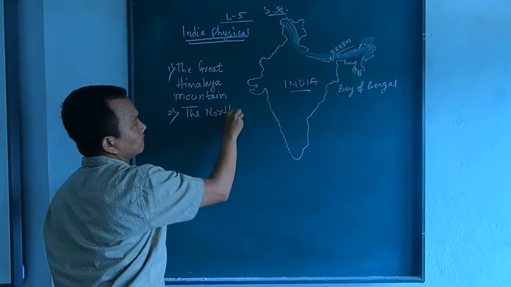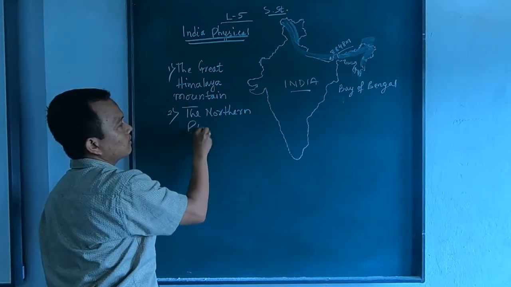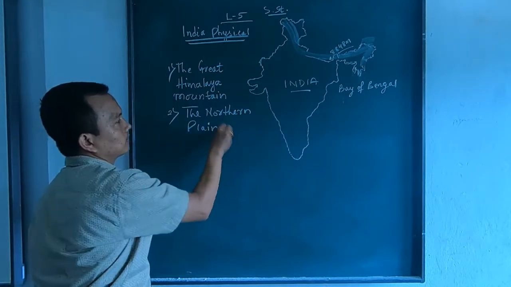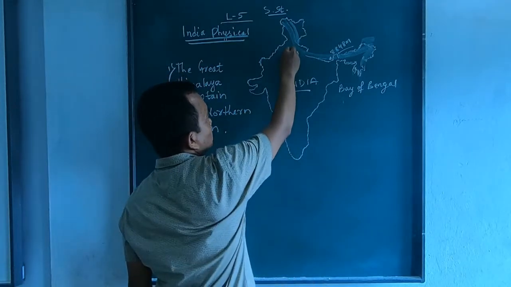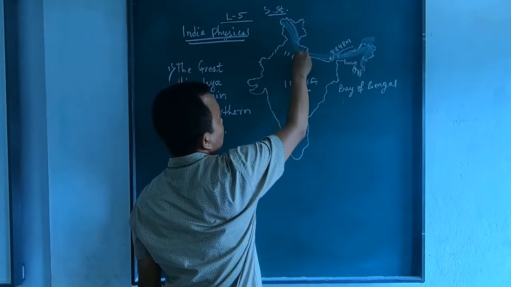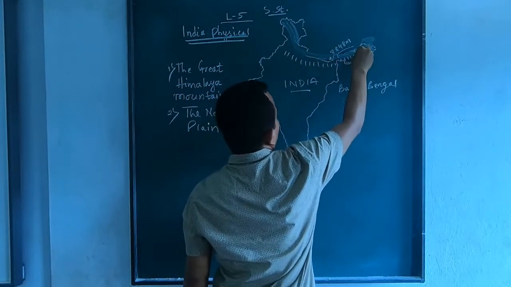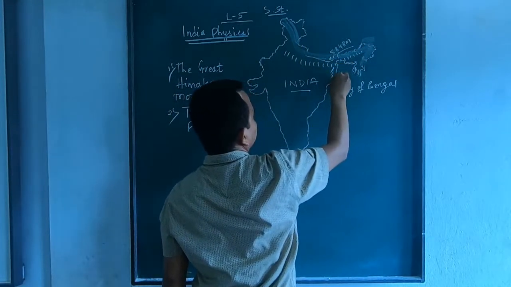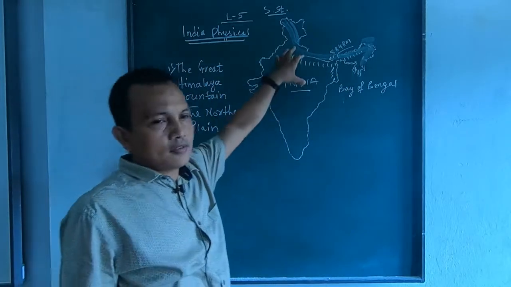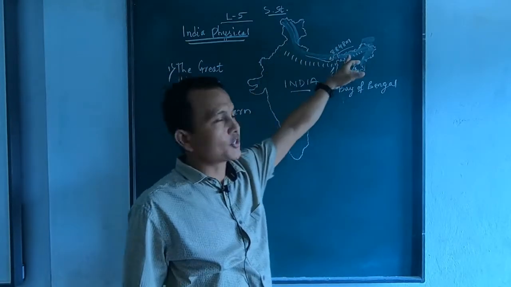Okay, fine. Now let us come back to the second point, the northern plain. The northern plain covers the mainland from Punjab to Assam.